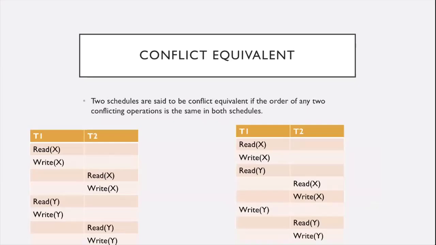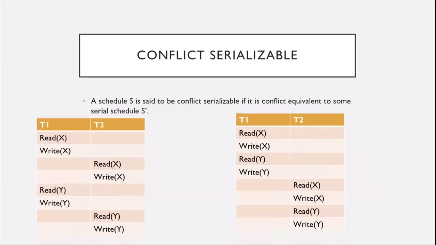Then next we look at schedules which are conflict equivalent. So what is conflict equivalence? Two schedules are said to be conflict equivalent if the order of any two conflicting operations is the same in both the schedules.